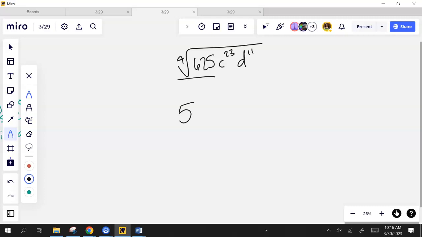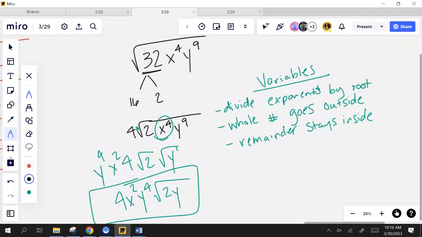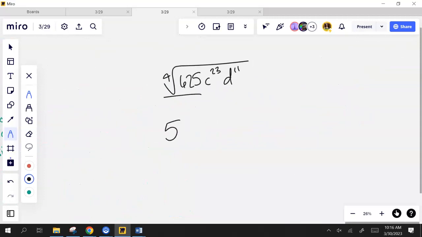It might not come out even, and you have to, like this one over here, say what breaks down. Which one of that power goes in evenly? How many times does 4 go into 23? 5 times. So x to the 5th, and it leaves me with how many? 3. 4 goes into 11 how many times? 2, and it leaves me how many?